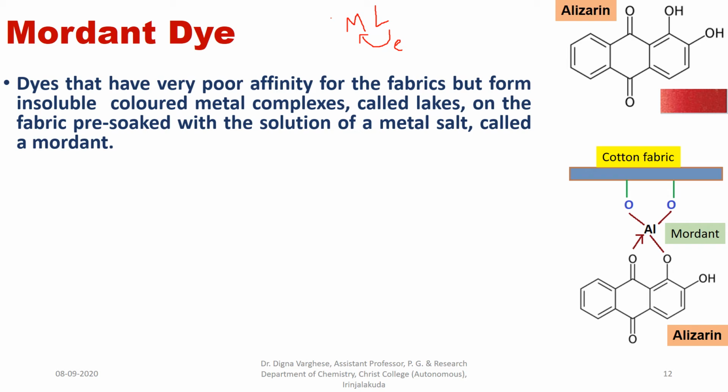Metal is in the positive or neutral state, and the ligand is the group of atoms attached to the metal which can donate electrons to the metal atom. So a bond is formed between the metal and the ligand, that is a coordinate bond.